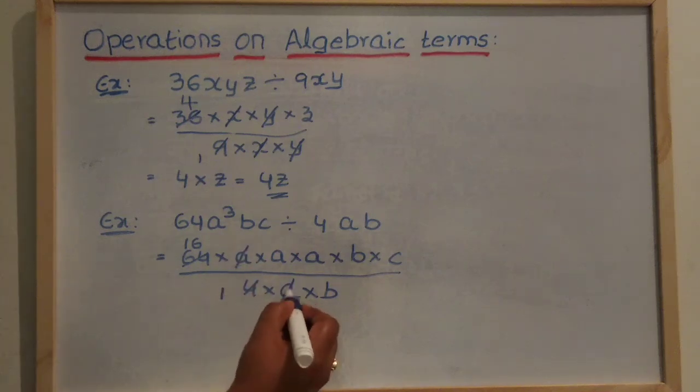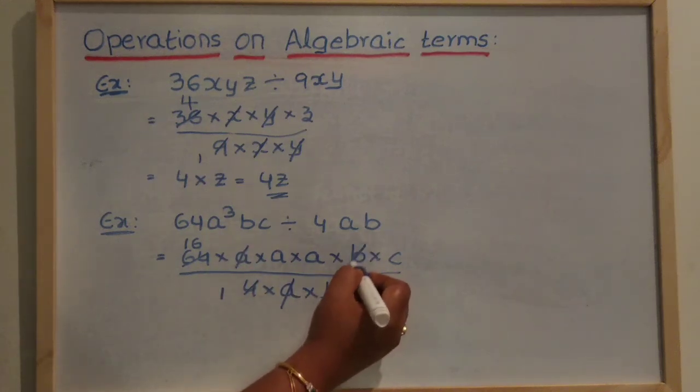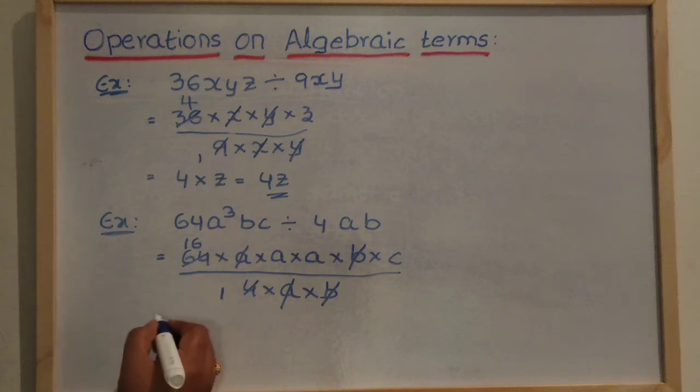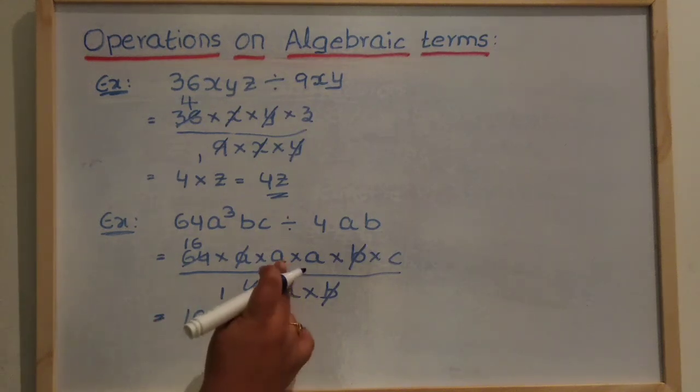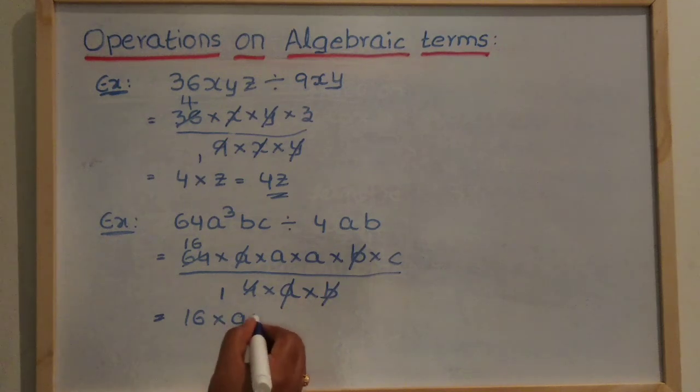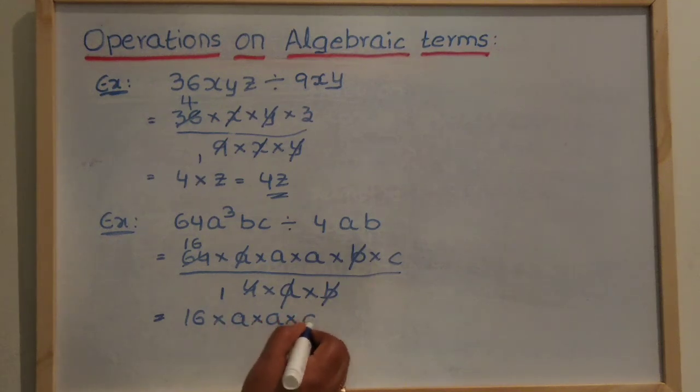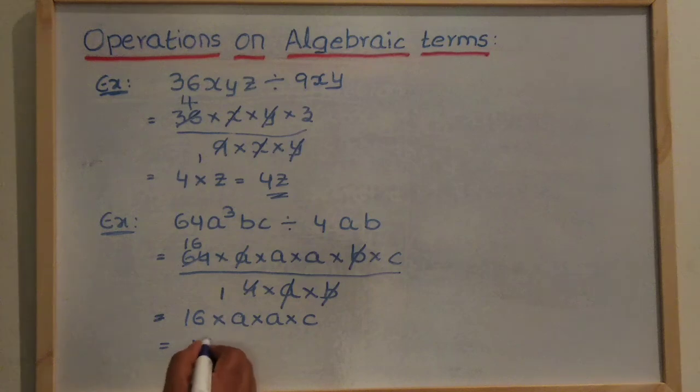Variable a and a gets cancelled, variable b and b gets cancelled. Remaining 16 into a into a into c, that is equal to 16a to the power 2 c.